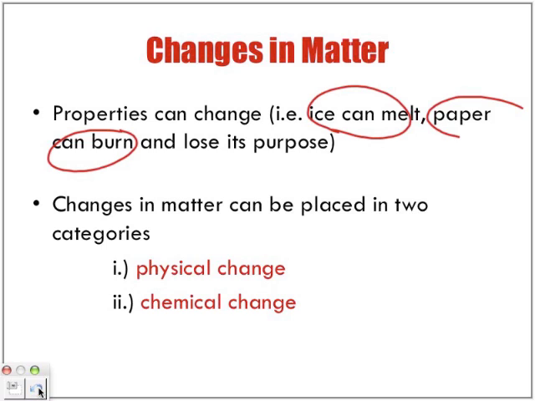Because when the ice melts, I could always freeze it back, but for the chemical change, which can't be brought back or is very hard to bring back, I can't bring the paper to its first state.